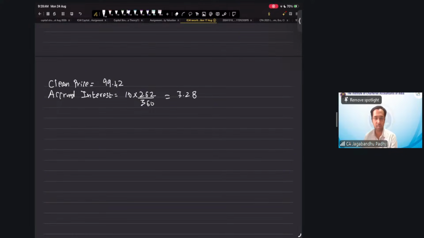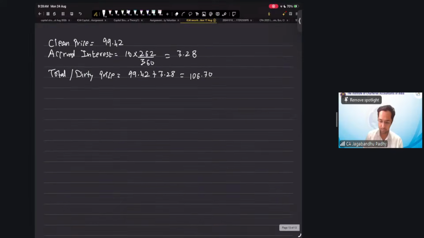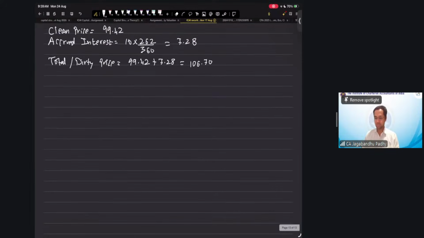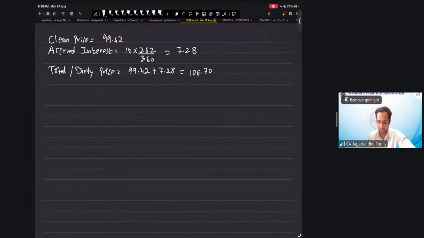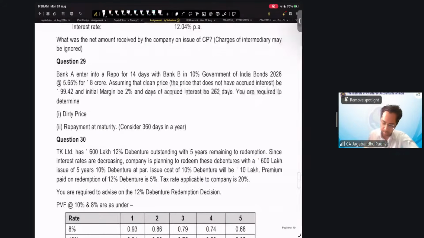So the total or dirty price is the clean price of 99.42 plus accrued interest of 7.28. This comes out to be 106.7. So the total or dirty price is 106.7.